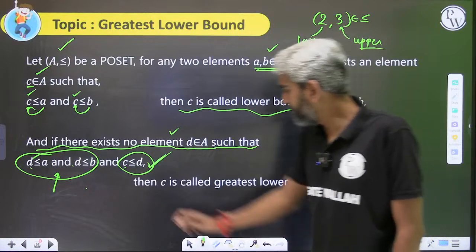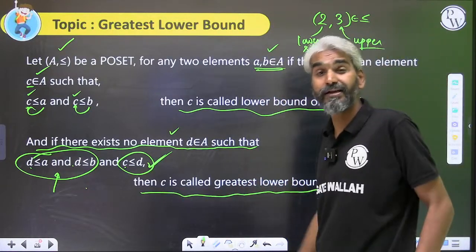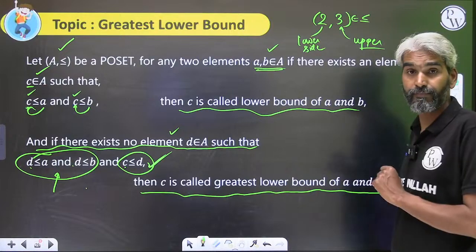That is, C will become greatest lower bound of A and B.